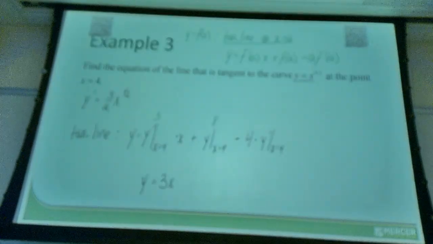And we just said what y prime was, right? 8 minus 12. There's your tangent line. y equals 3x minus 4. Just a question. How do you do that? What's 4 times 3?